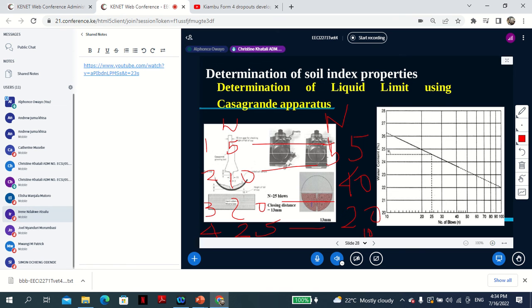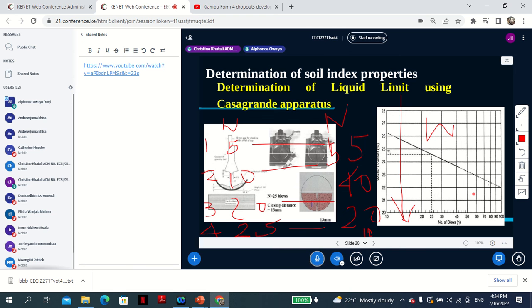I'm not very sure because I can't see them clearly. The one, two, three, four. We are increasing water content. Just say one or two or three or four.